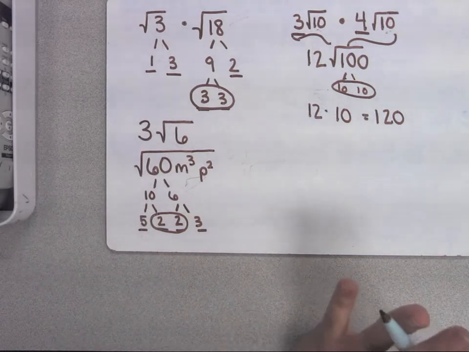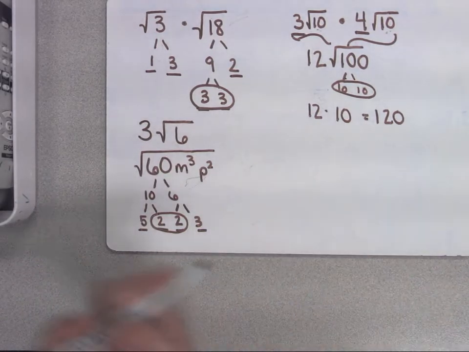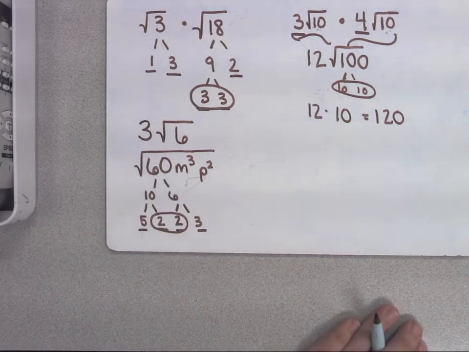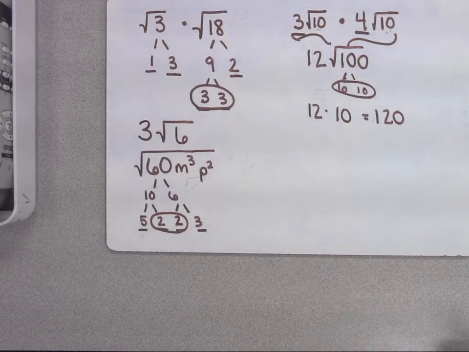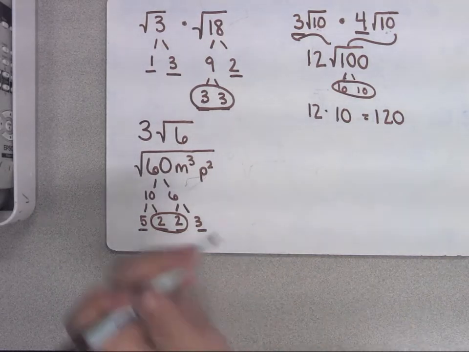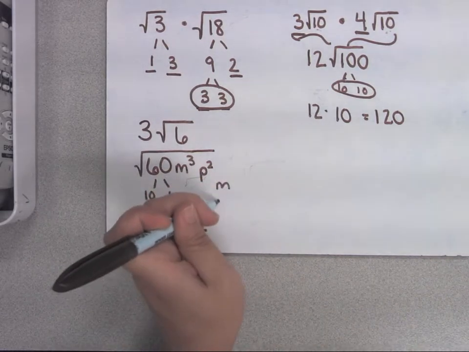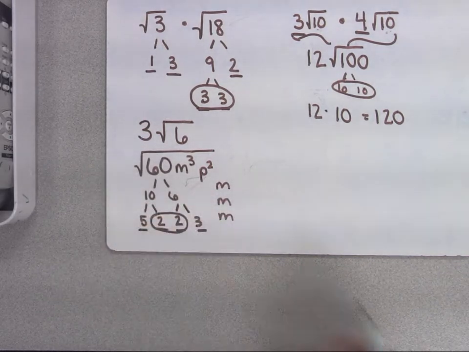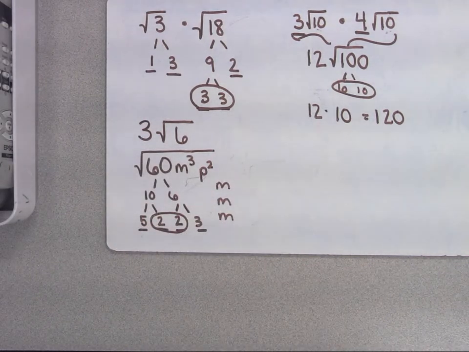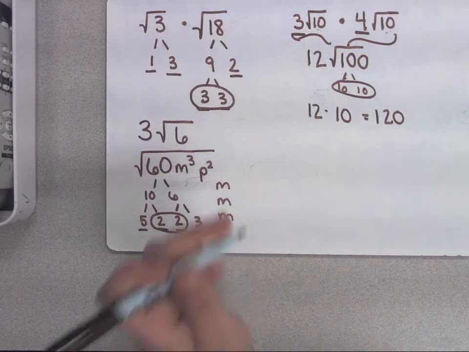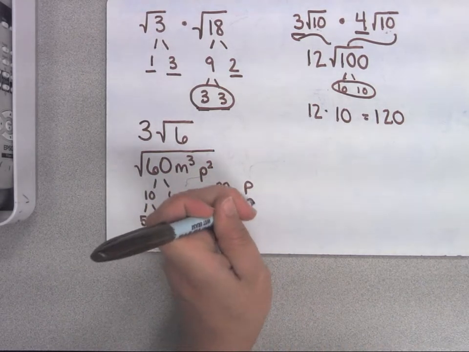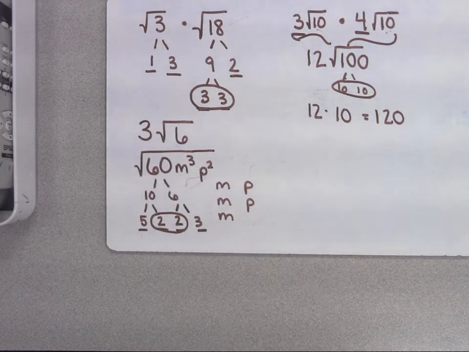Now that I've done that, we're just going to move on to the M's. Gracie, how many M's do I have? So what do I do with that? So I'm just going to write 3 M's out right here. Okay. How many P's do I have? 2. How do we do circles in this case? Same thing as here.